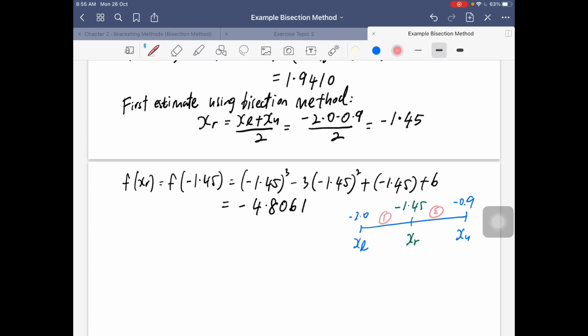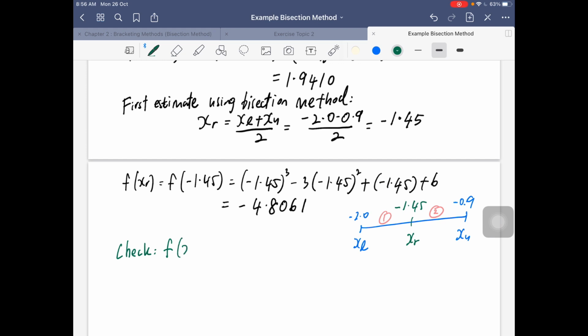Then we need to check whether our true solution lies within the lower subinterval, which is bracketed by xL and xR, or in the upper subinterval, which is bracketed by xR and xU. So we do the checking procedure by using a test condition.